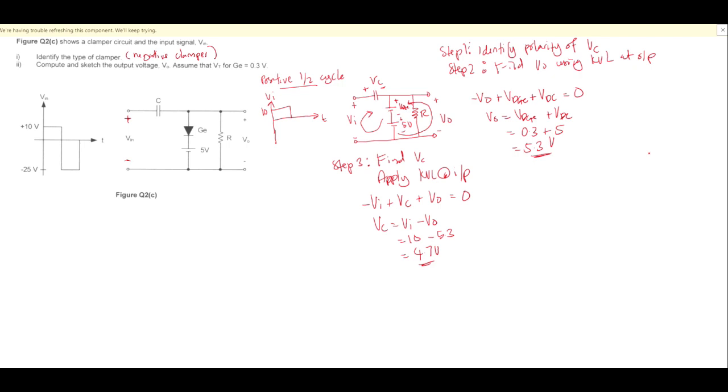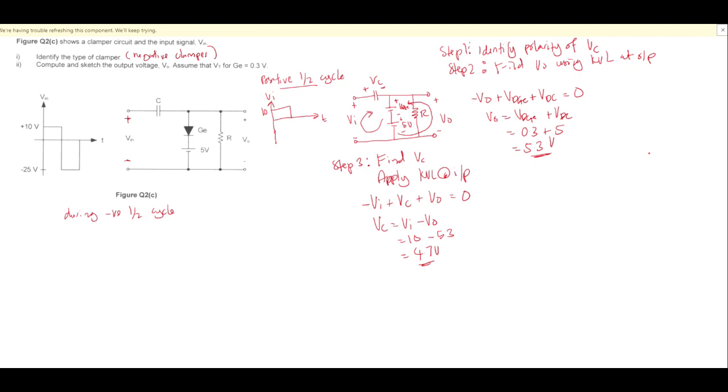Now we need to consider the negative half cycle. During the negative half cycle, to analyze the clamper or clipper, you need to analyze both the positive and negative cycle of the input waveform.